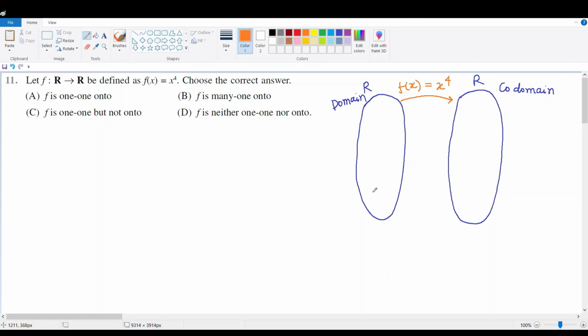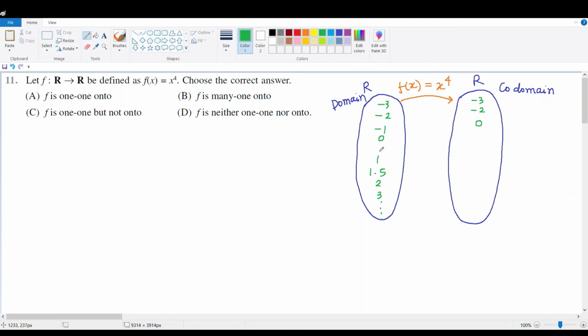Now since it is all real numbers, I'm just going to try to write as many as I can. So negative 3, negative 2, negative 1, 0, 1, 1.5, everything is there, right? 2, 3, all real numbers that you can think of. Same way here, negative 3, negative 2, 0. Let me add some decimals as well, so we can see that this is the real number set.